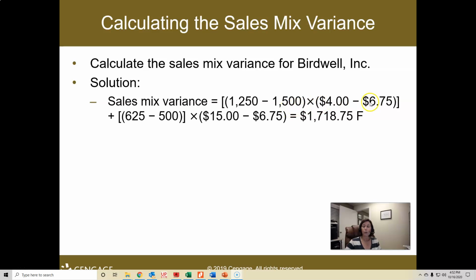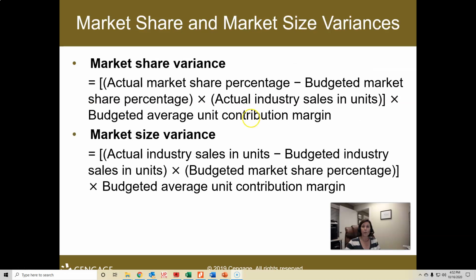And we're going to multiply that by the budgeted unit contribution margin, subtracted by what we calculated was the average contribution margin. We're going to then do the same thing on the deluxe. And what we find overall is that we performed better than we budgeted at $1,718.75, despite the fact that we sold far fewer of the regular than we had anticipated.